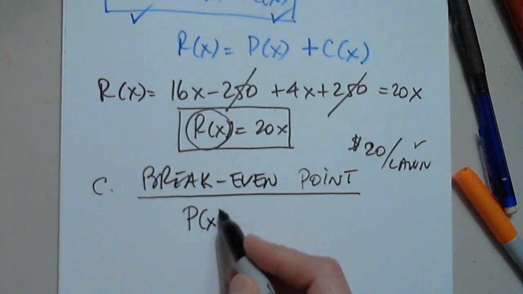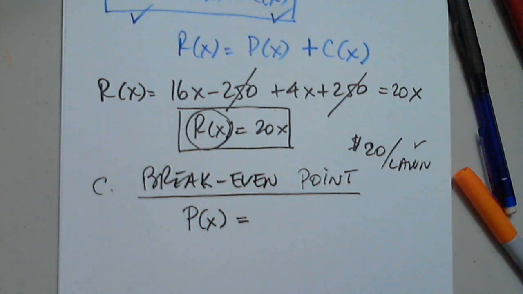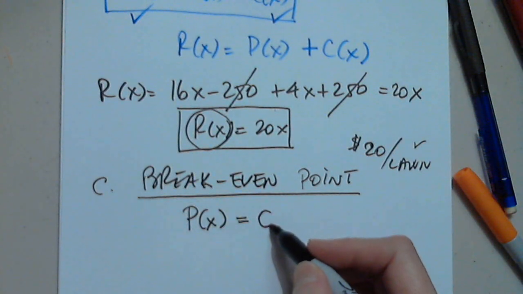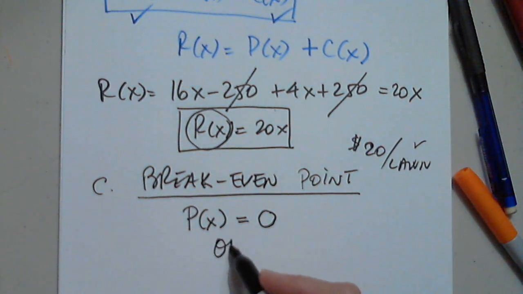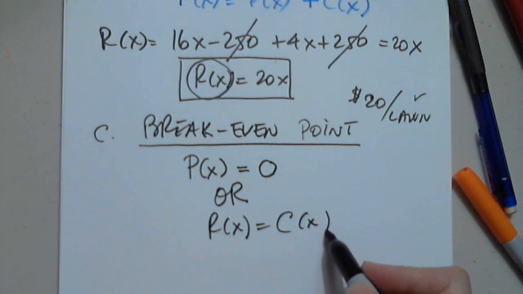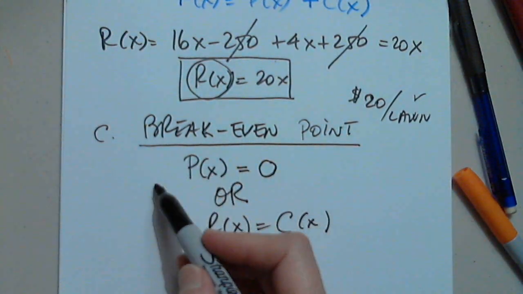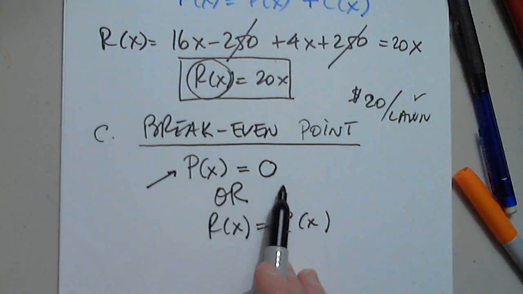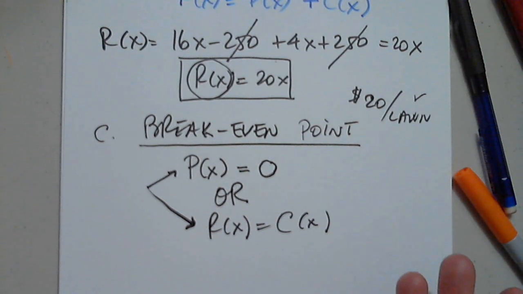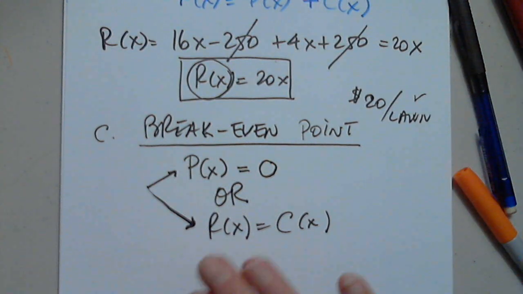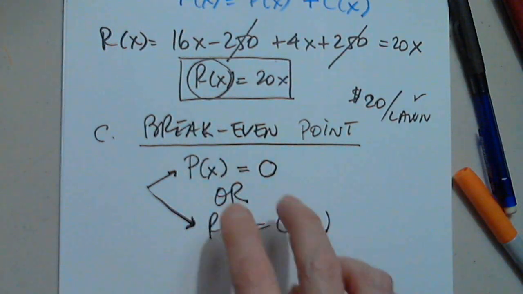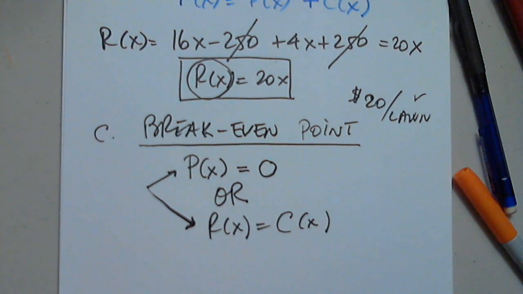When the profit equals 0, or the revenue equals the cost. So the break-even point can be determined either saying profit equals 0 or saying revenue equals the cost. What does it mean? Money coming in is all spent, no profit, or profit 0. Regardless of which one you prefer, it's the same thing.